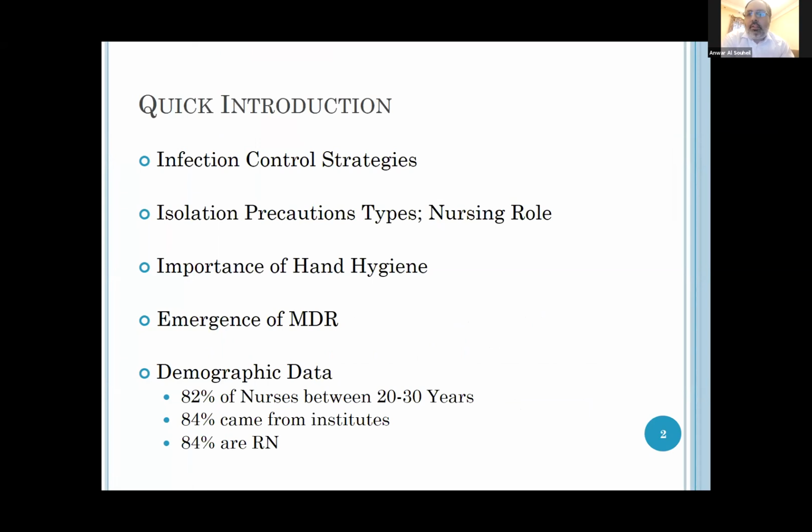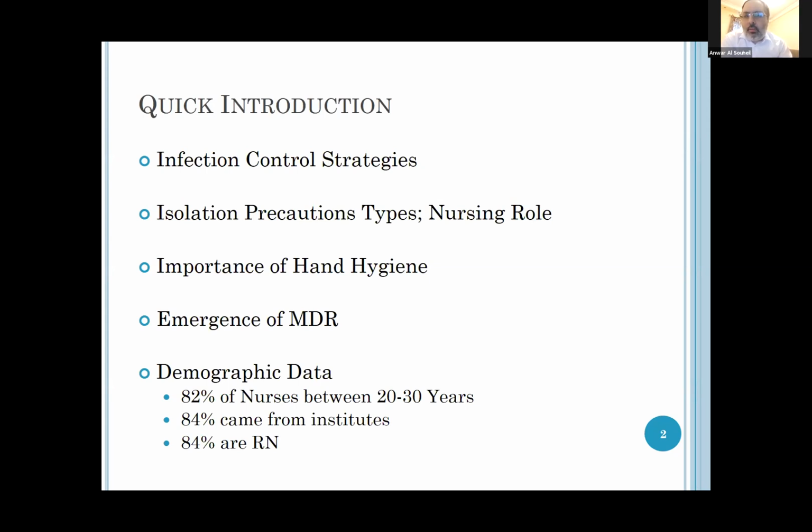Concerning infection control, we have several strategies at the hospital setting. We have hand hygiene strategies, personal protective equipment strategy, antibiotic strategy, and nosocomial infection control strategies. Among these, we have isolation precautions.